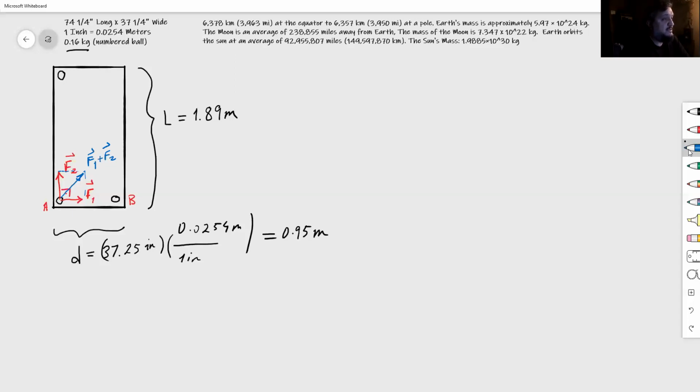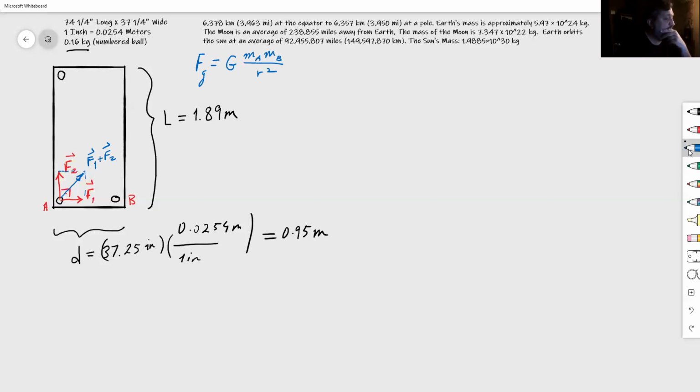So we're going to use the formula for Newton's universal gravitation. Fg is equal to this constant times the first mass times the second mass, divided by the square of the distance between them, distance measured from the centers of the objects.